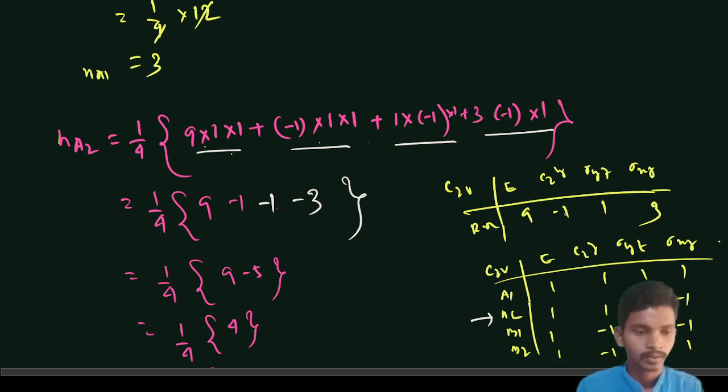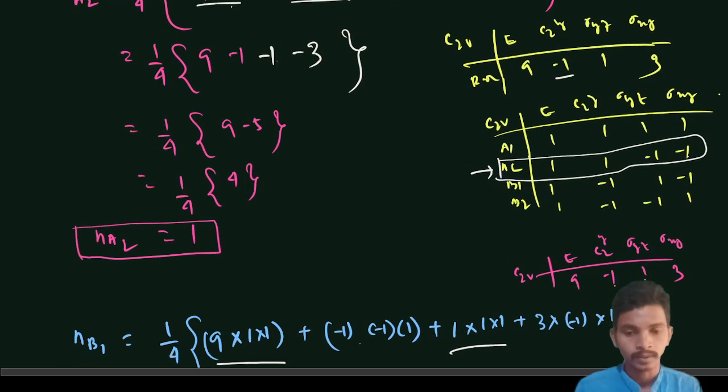Okay, fine. And this is 1, 1, okay, 1, and this is also minus 1, 1, okay, 3, and this is minus 1, 1.